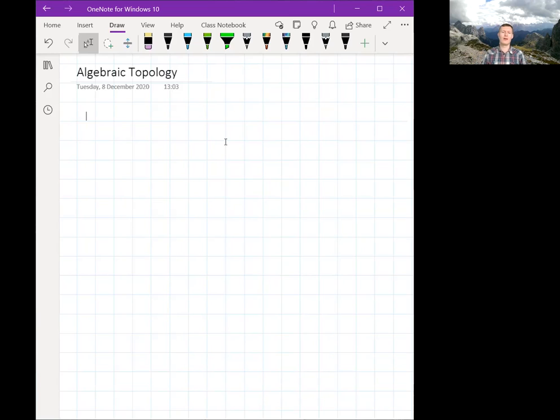Examples of these topological invariants that are a bit boring, let's say, are properties like connectedness, path connectedness, compactness, local compactness, local path connectedness, whatever. Those are properties of the topological space itself, so they should be preserved under homeomorphism.